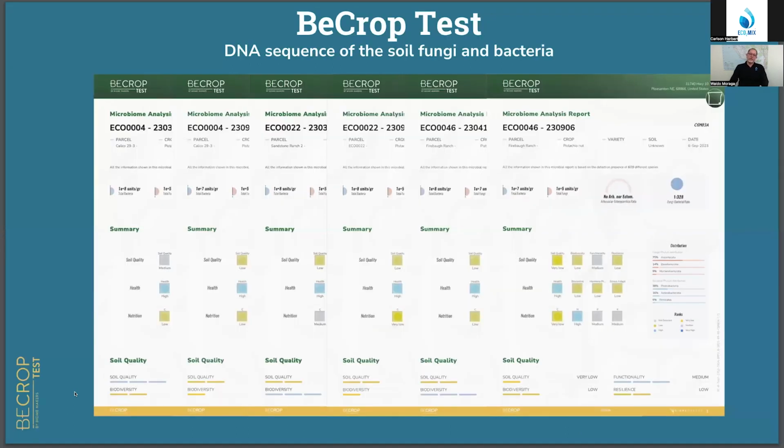So, to understand better what changes in the soil we have seen after switching to a carbonic acid system, I would like to share some soil test results we have done using a very new method. This soil test is done by a partner company named Biomakers. They have a special DNA sequence test named BeCrop.